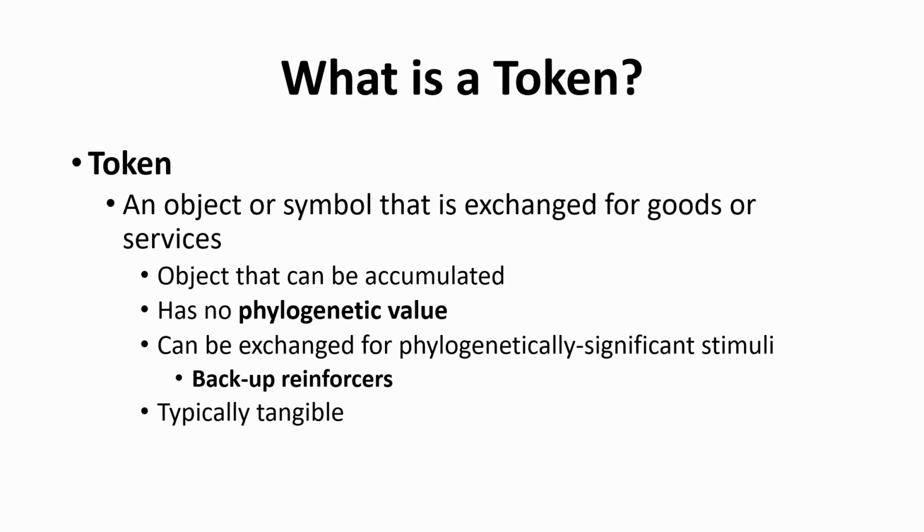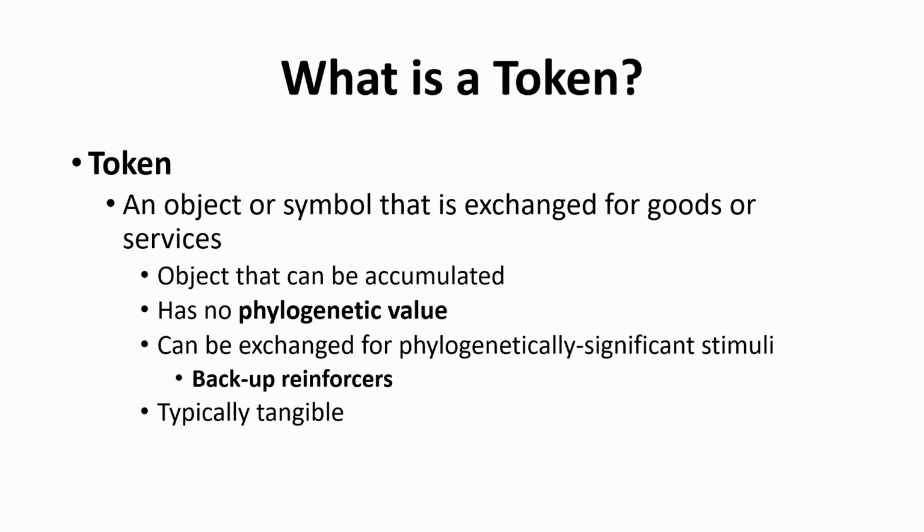These backup reinforcers are things like food or drink or fun or something enjoyable, something that itself would be reinforcing. But the tokens are just something that's going to get us to later getting these backup reinforcers.